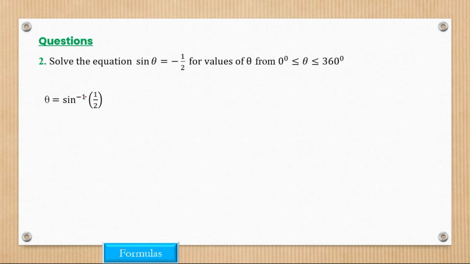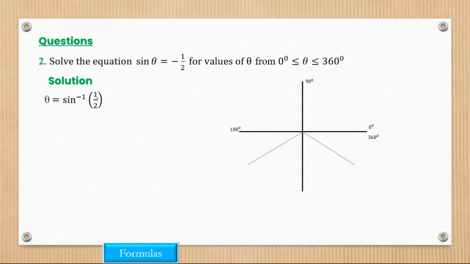This negative is only important in the CAST diagram. To get the value that we'll put in the CAST diagram, let's just treat it as a positive here, and sine inverse of a half is 30. So the only other place where you show that this was a negative is in the CAST diagram.